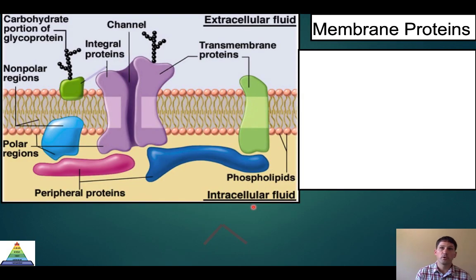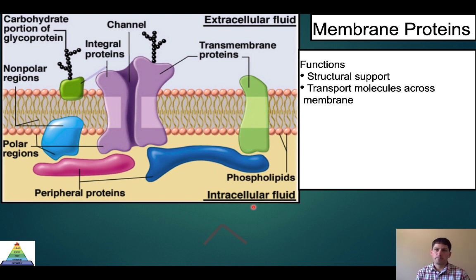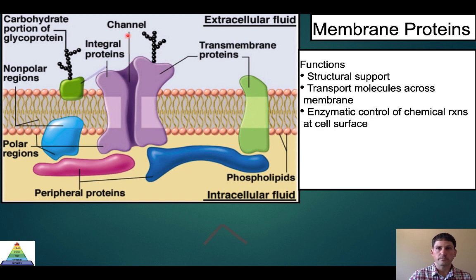Now, if we look at those proteins embedded into our plasma membrane, we see that they have functions. One, they offer support to our membrane. They act as transport molecules across the membrane. So you can see this purple one in the center here has a channel through it where some substance can move through.